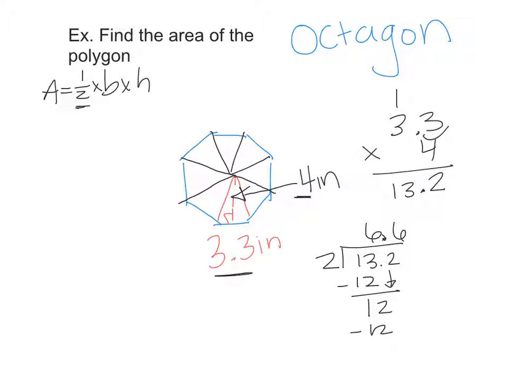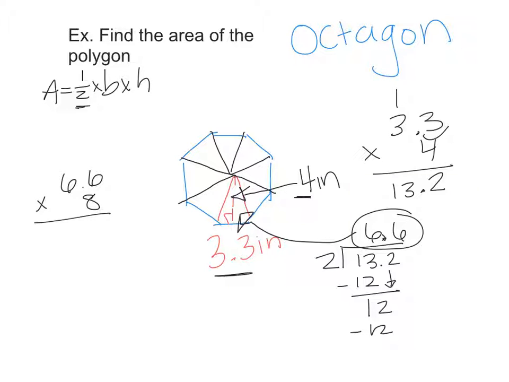Now, if I got 6.6 here, I'm not finished because that, again, is only the area of this tiny triangle. I now need to multiply 6.6 by 8, because there are 8 triangles with 6.6 as their area.